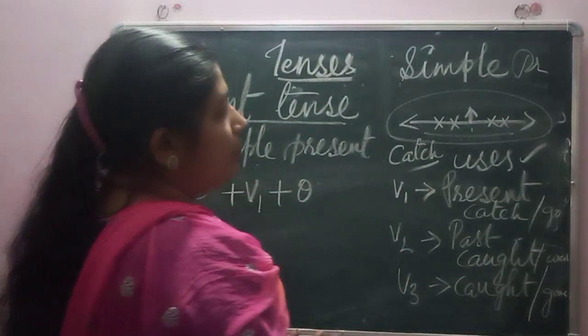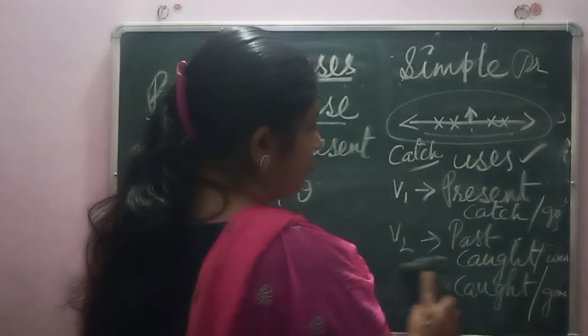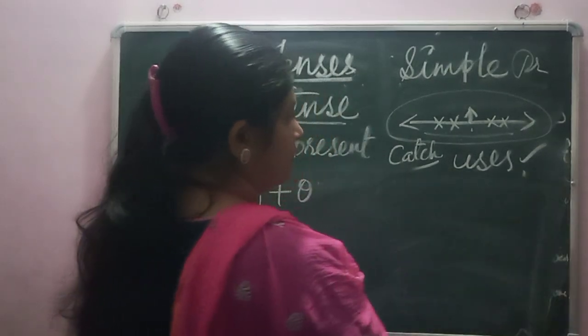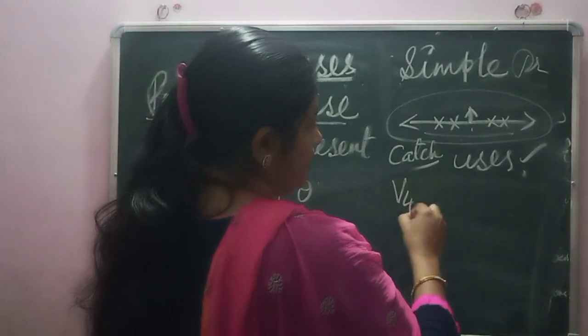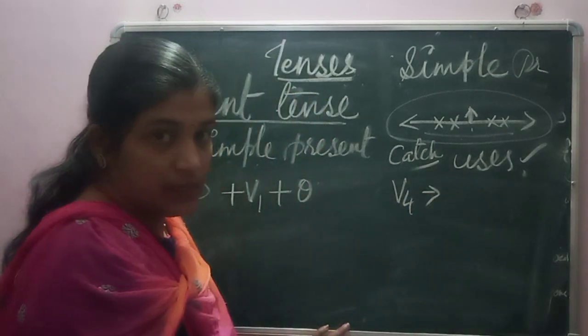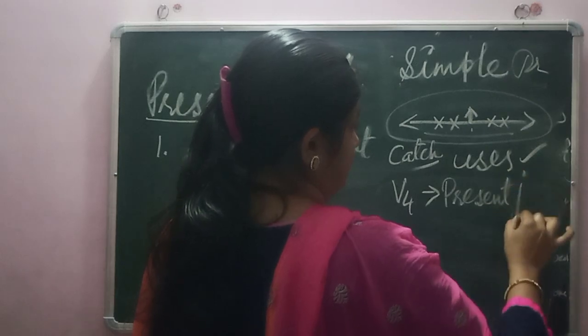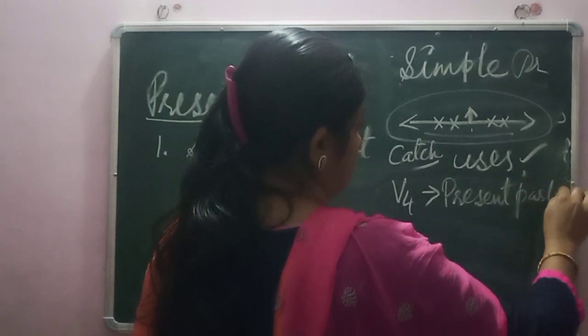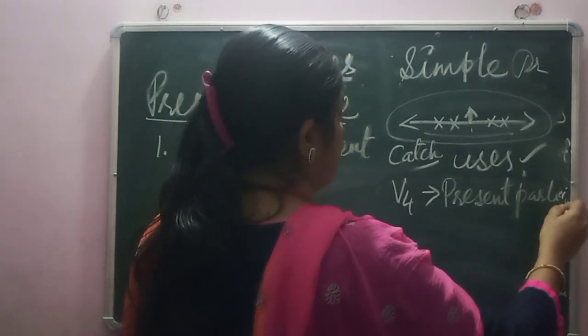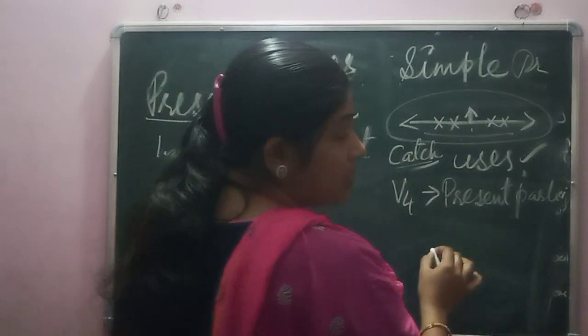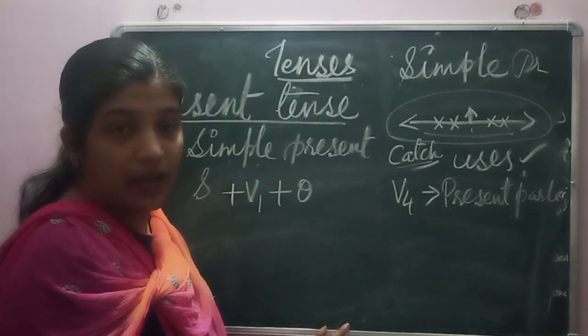And one more is there, V4. V4 is present participle. That is catch plus ing. That is catching.